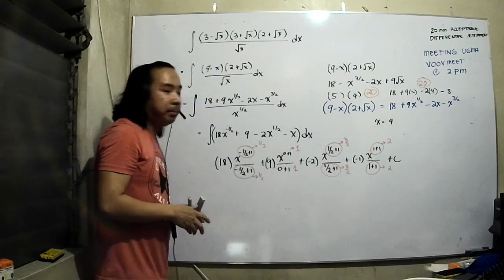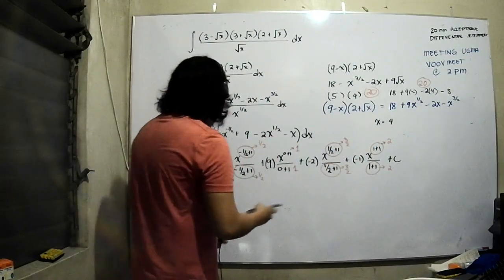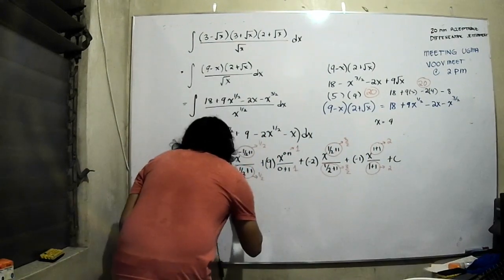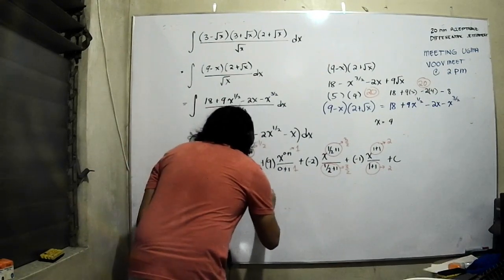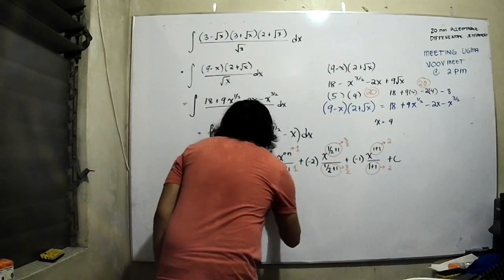Now 18 divided by 1 half should be equal to 36, so 36x. Plus 9 divided by 1.